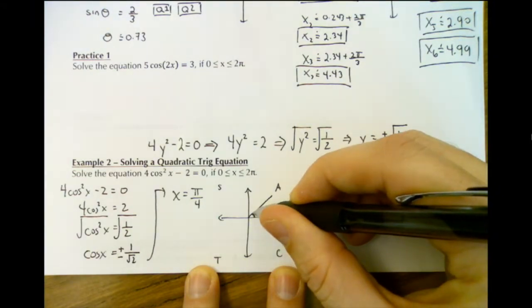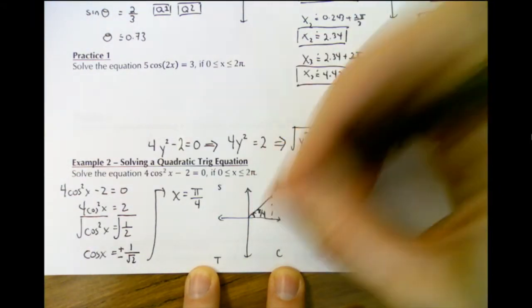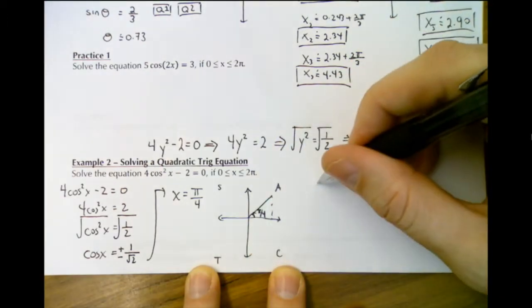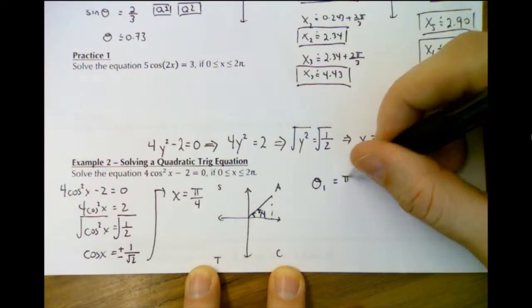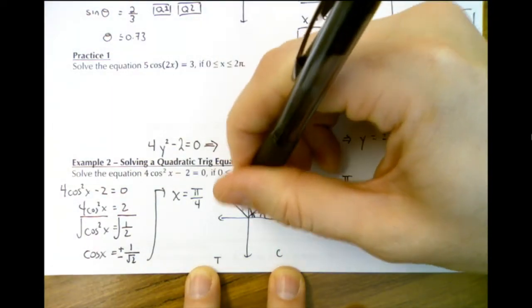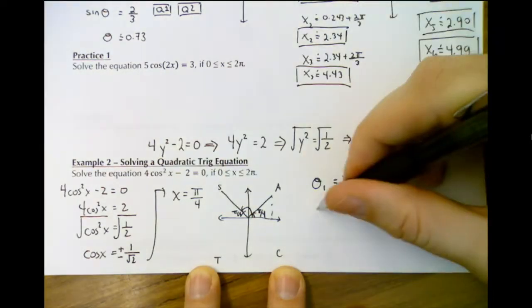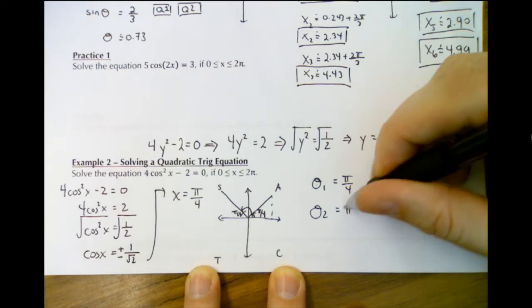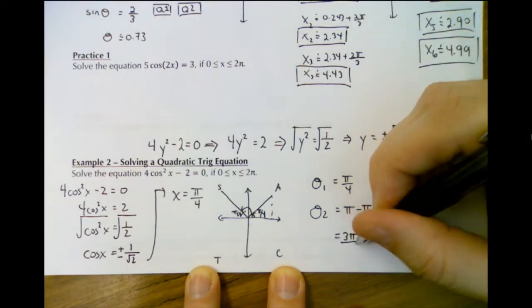Well, where your reference angle is pi over 4. In the first quadrant, theta 1 would just be pi over 4. In your second quadrant, that would be this angle with a reference angle of pi over 4, so pi minus pi over 4, which is 3 pi over 4.